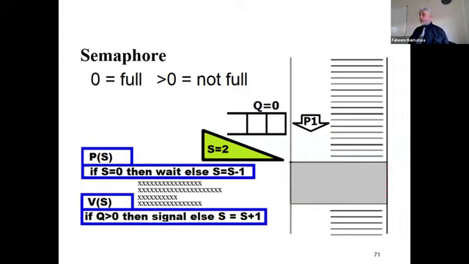The P function is simple. It says, if the place is full, you have to wait. So it checks if S equals 0. Remember, 0 means full. If S is 0, then wait. If it's not 0, that means we have keys. In this example, there are 2 keys, remember. So take one of them and go in.